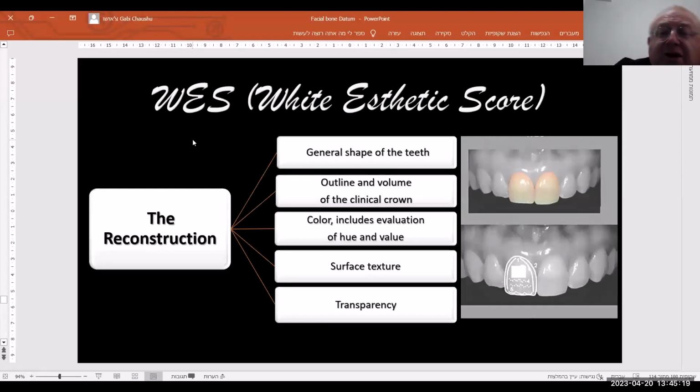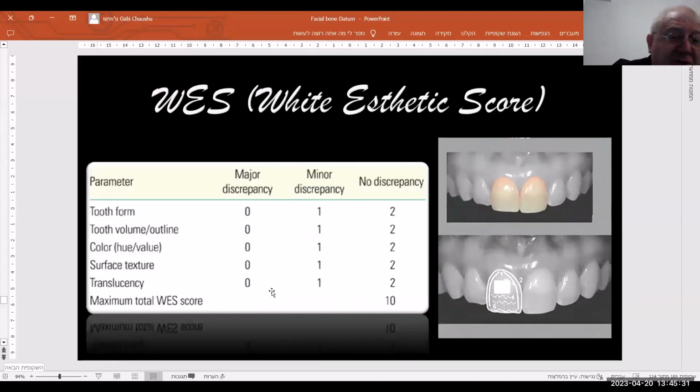Now, let's go to the last study that I promised you, and this is the white aesthetic score. I'm not a prosthodontist, so I'm not going to relate too much about it. Those are the things that we score. Again, homologous tooth, major discrepancy 0, minor discrepancy 1, no discrepancy 2. Maximum score 10.